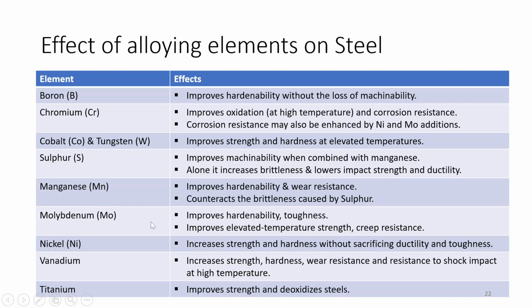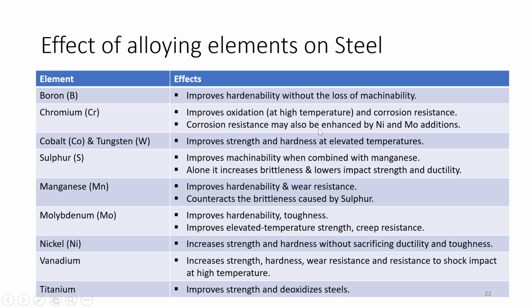Next is molybdenum. It improves hardenability and toughness of the material, and it also improves elevated temperature strength and creep resistance. Nickel increases strength and hardness without sacrificing ductility.